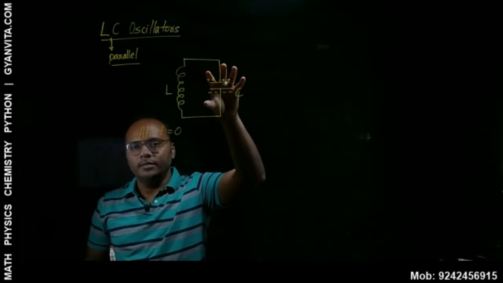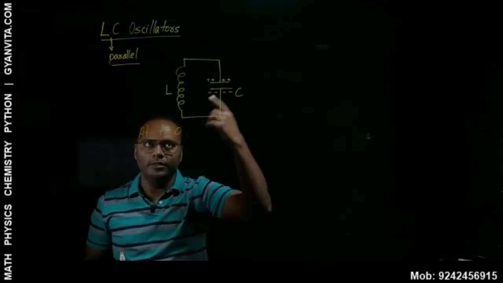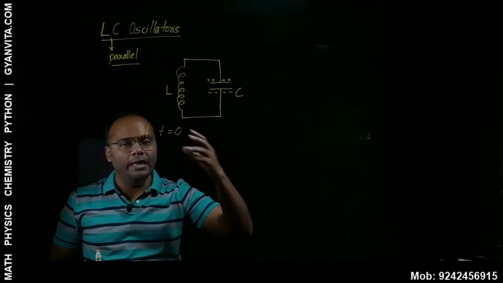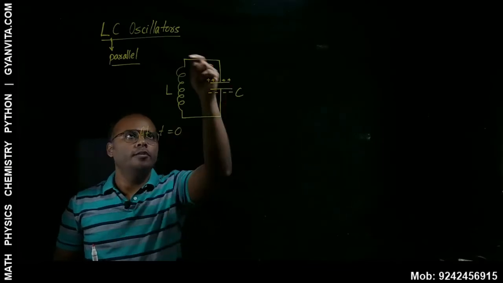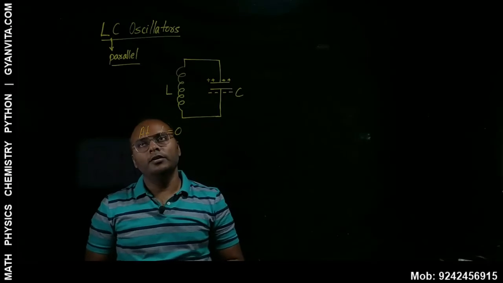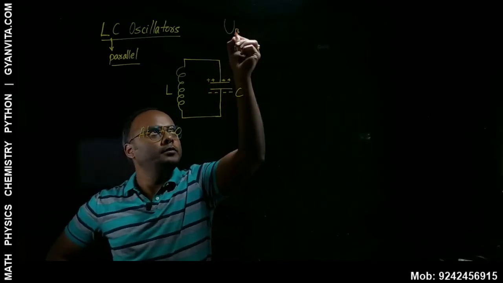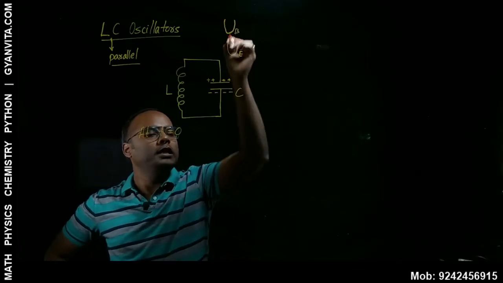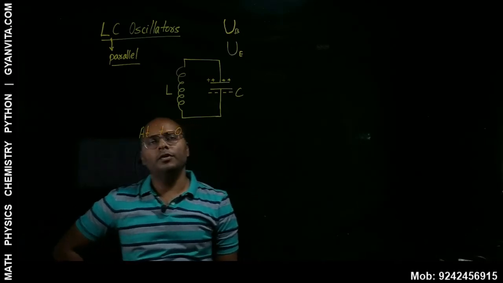So in the capacitor, if it is getting charged or discharged, there will be a change in electrical energy. And in the same way here, if there is a flow of current, a magnetic field will be created because it is a coil, and due to that, there will be a change in magnetic energy as well. So we show these energies as UB and UE, that is, potential energy due to the magnetic field and potential energy due to the electric field.